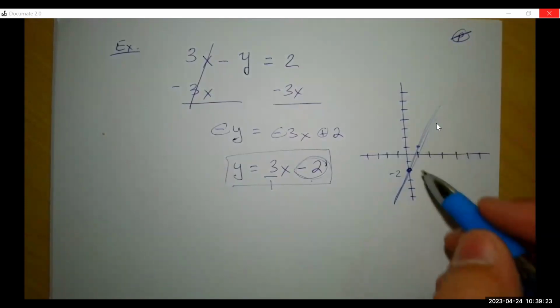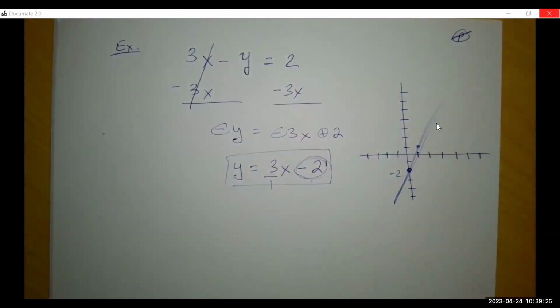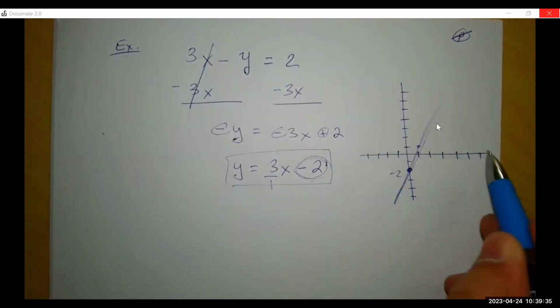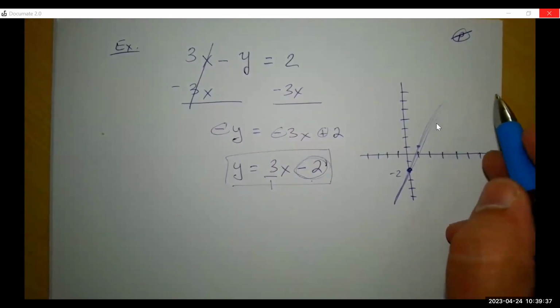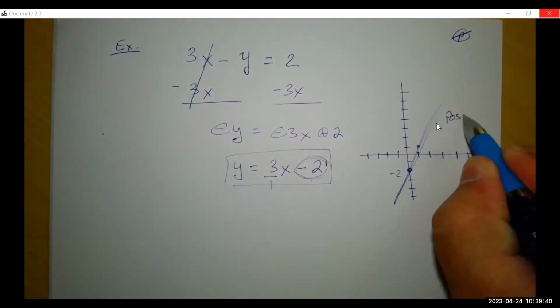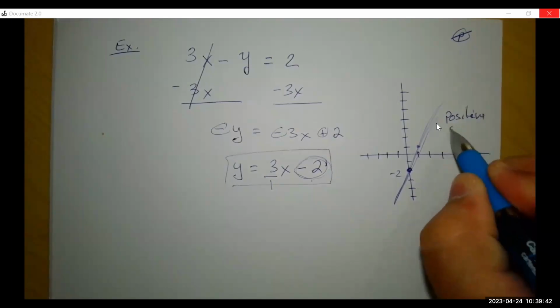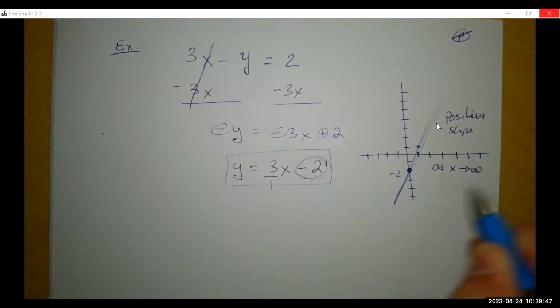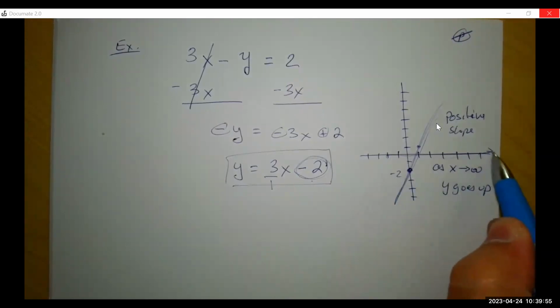It's a positive slope. How do we know it's a positive slope? Well, as x gets bigger, it gets higher. So that's a positive slope. So as x goes to infinity, y goes up.